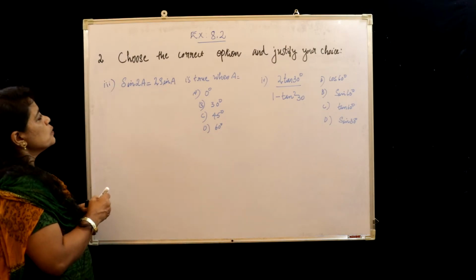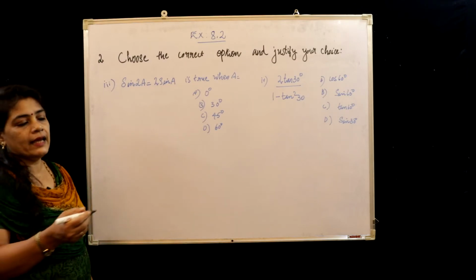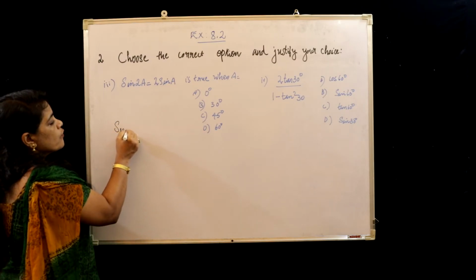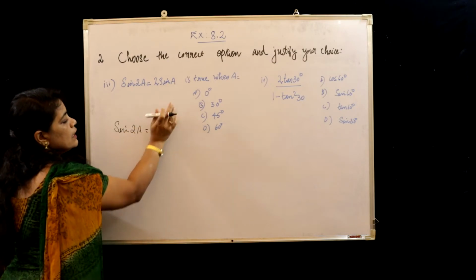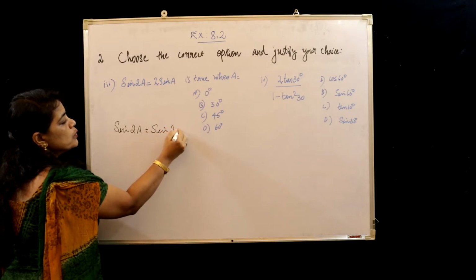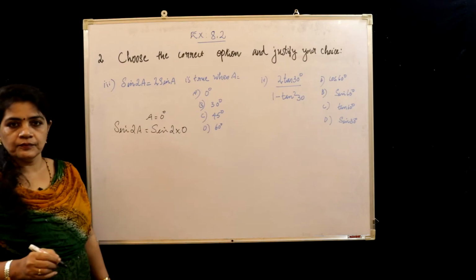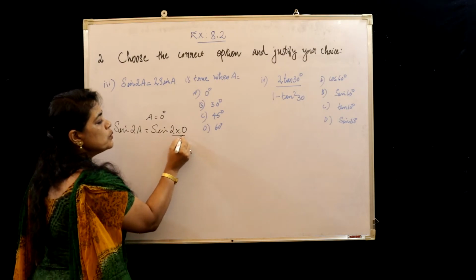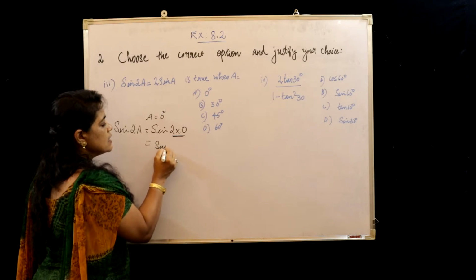So sine 2A means sine of 2 times angle A. So sine of 2A equals sine of 2 into 0 degree, taking A equal to 0. So 2 into 0 is 0, so you can equate this as sine 0.